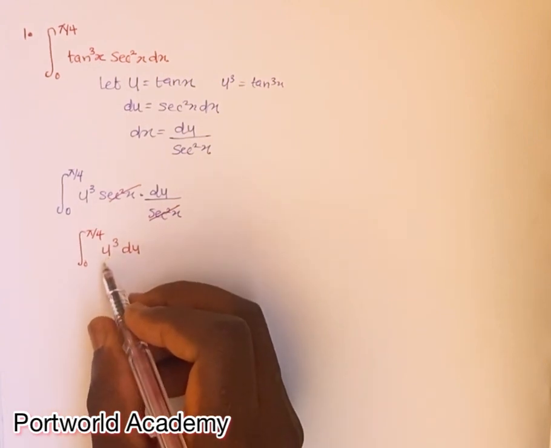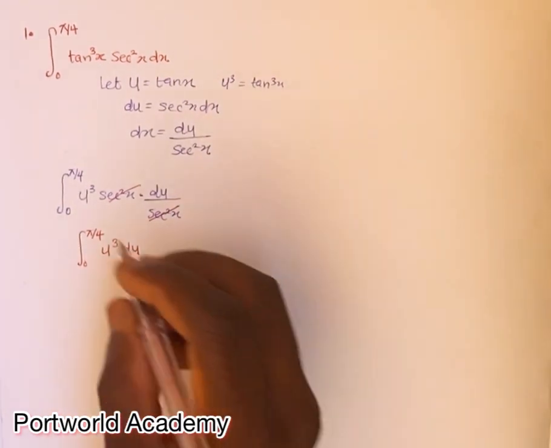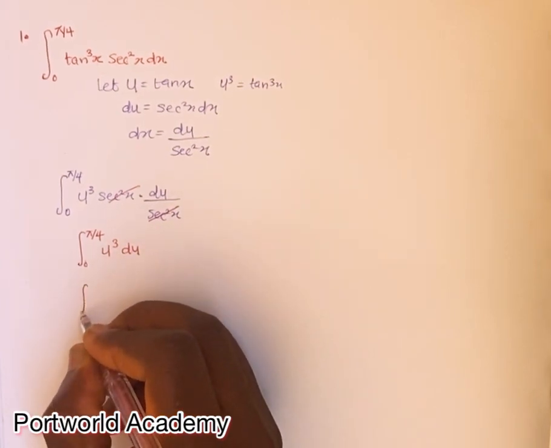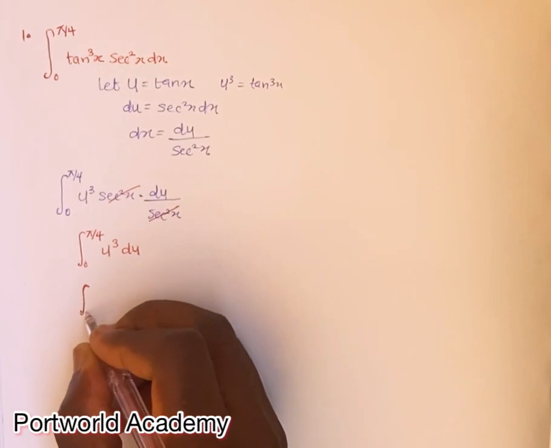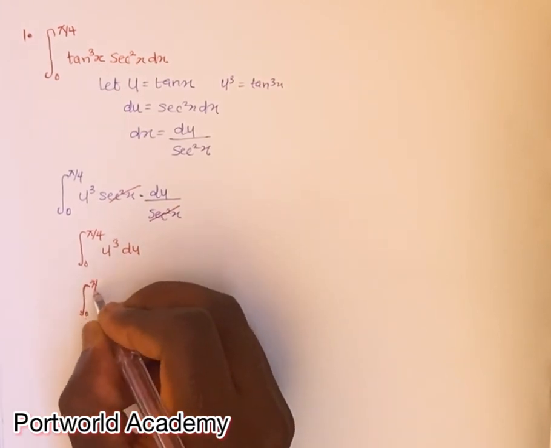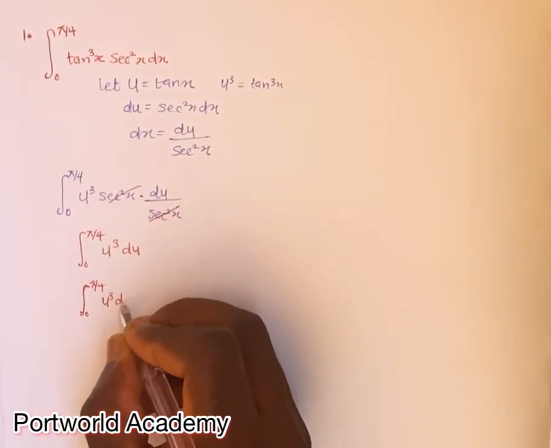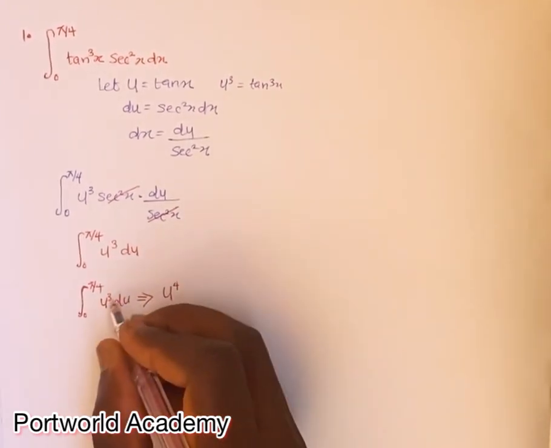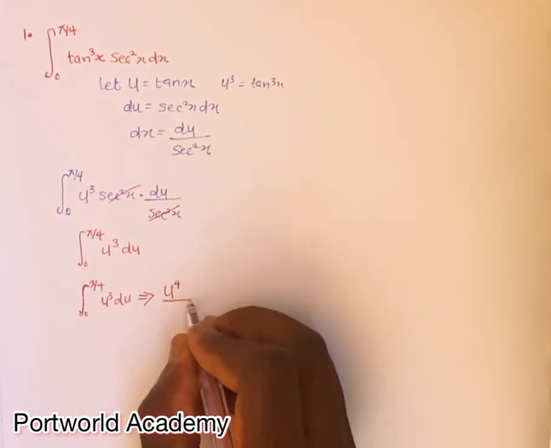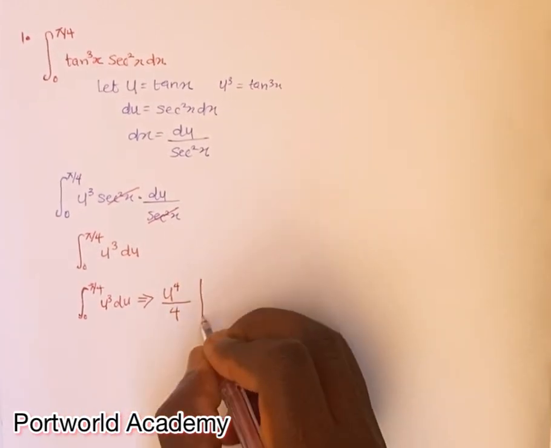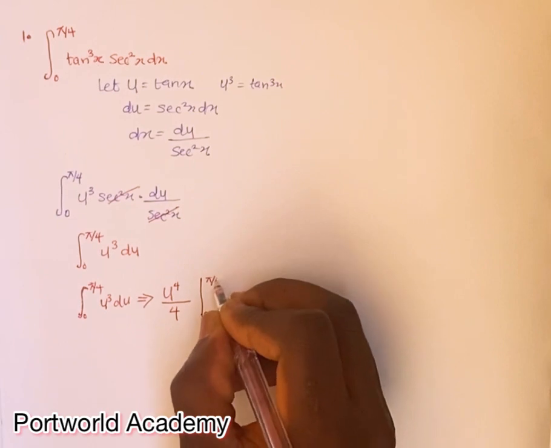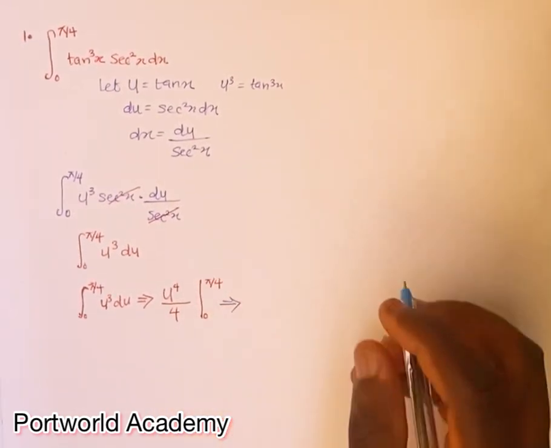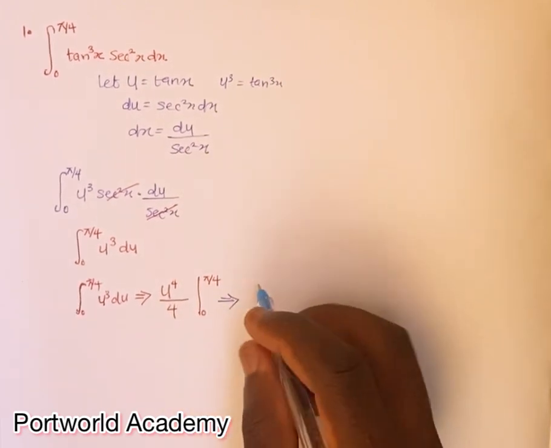Integrating this, u raised to the power of 3 du becomes u raised to the power of 3 plus 1 divided by 3 plus 1, that is, divided by 4, from 0 to pi over 4, right?